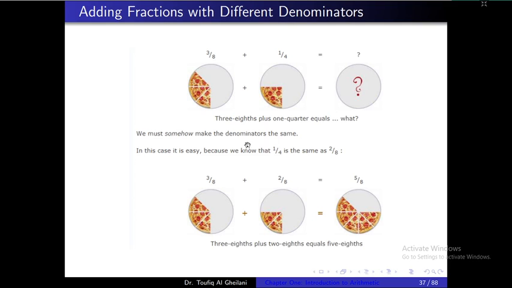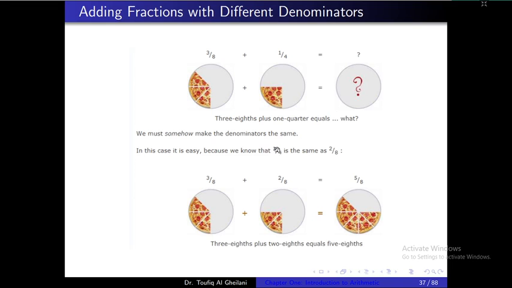We know that a quarter is the same as 2 over 8. So we multiply the numerator and the denominator by 2. 2 times 1 is 2. 4 times 2 is 8.